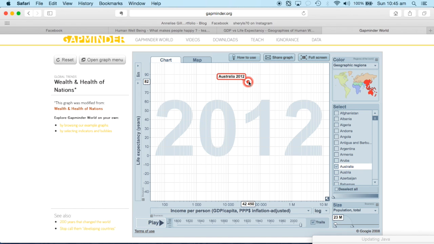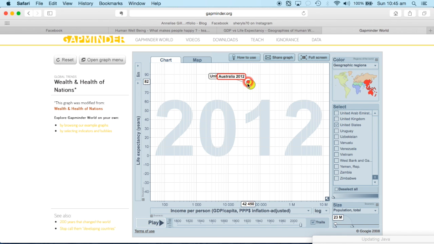Now the next question asks you to compare Australia with the United States. So if we scroll down, we can highlight the USA as well. Here we are. And if we compare them, we can see that Australia has a slightly higher life expectancy.